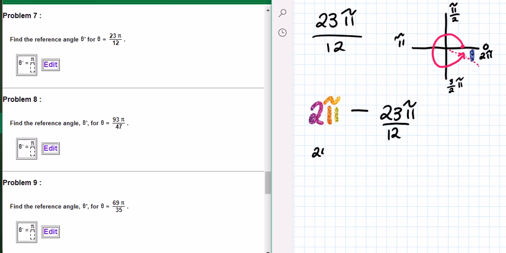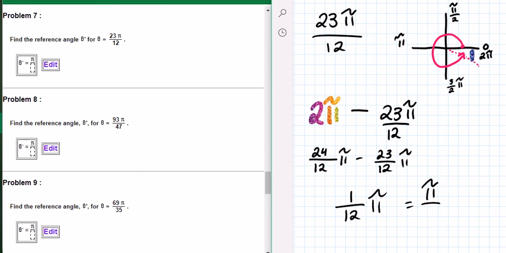So that's converting it with a common denominator, 24/12 pi minus 23/12 pi. And my reference angle should be 1/12 pi, or pi over 12. So I need an additional pi over 12 to get me back to the x-axis, back to that 2 pi there.